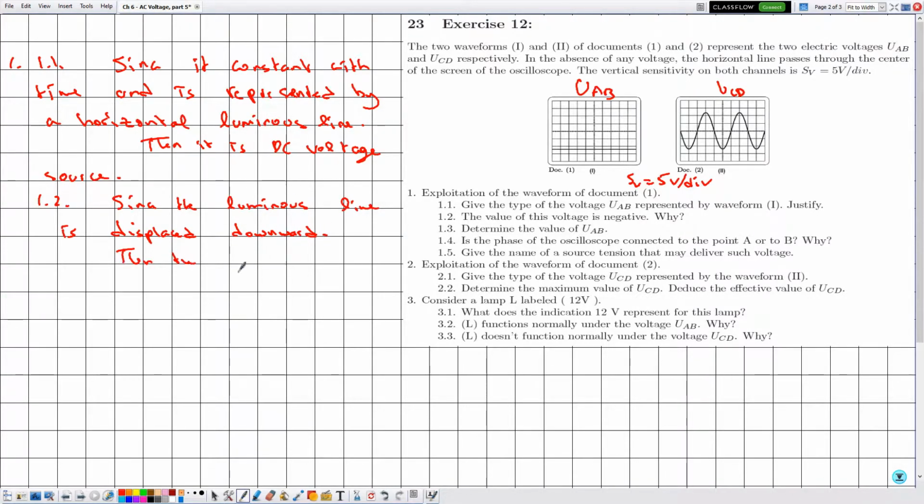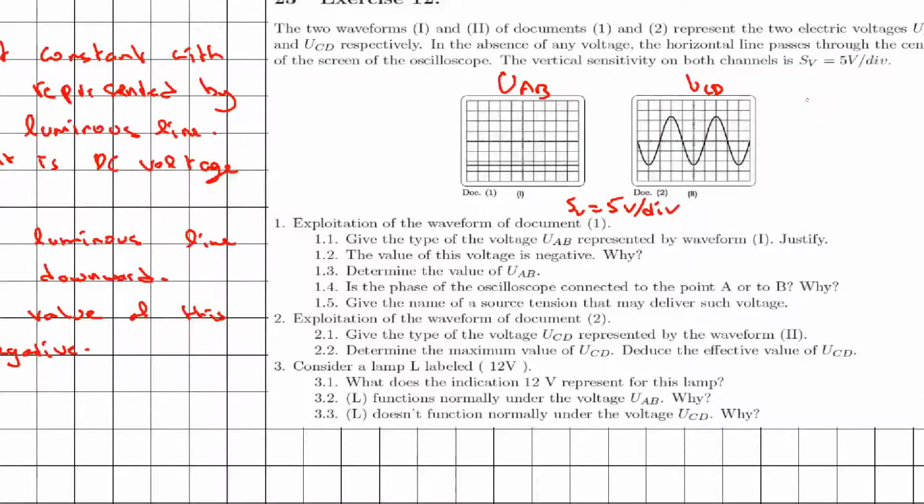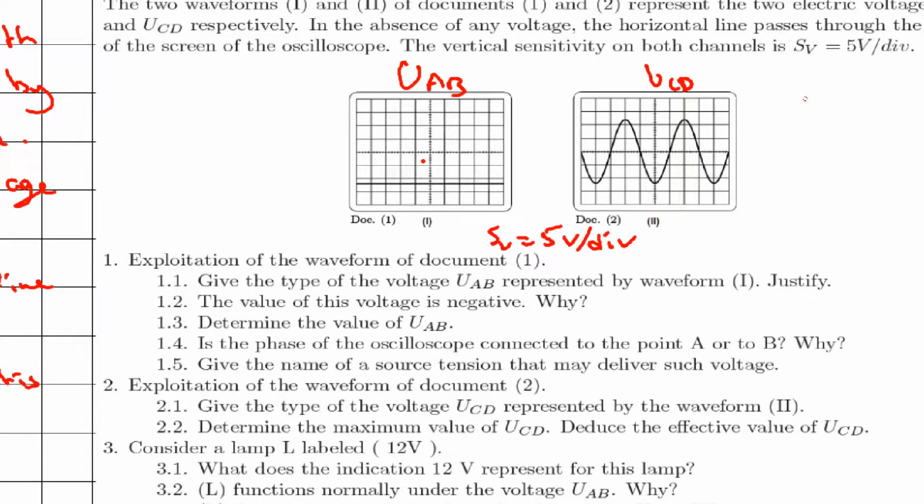Then the value of this measured voltage is negative. Now as for 1.3, they are telling me to determine the voltage UAB. The trick in solving such exercises is to determine the values of x and y before we proceed. So let's determine the value of y.